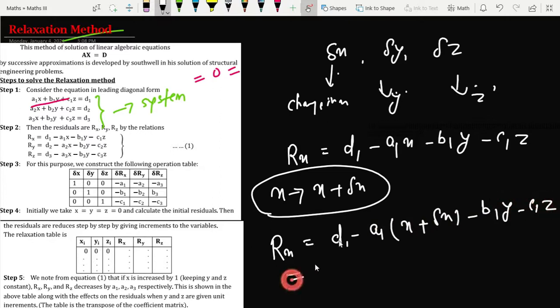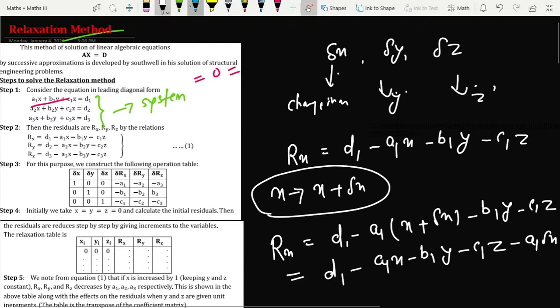By rearranging this, the first term is d1 minus a1x minus b1y minus c1z, and the second term is minus a1 delta x. Suppose we consider the change in x, that is delta x, equal to 1.